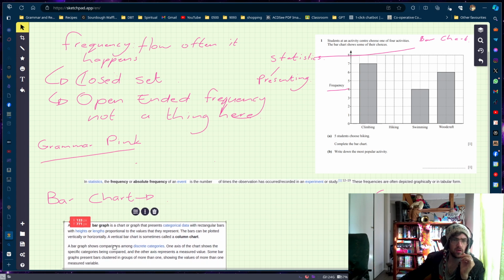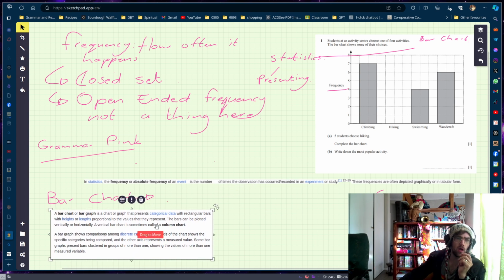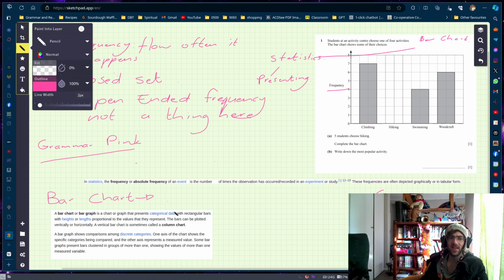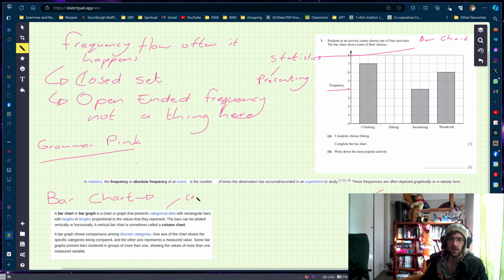Okay. So a bar chart or bar graph is a chart or graph that represents categorical data. Now that's very, very important that we note that it is categorical data. Now, what is categorical data?